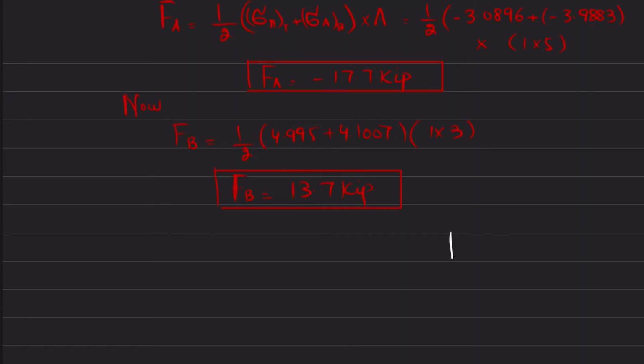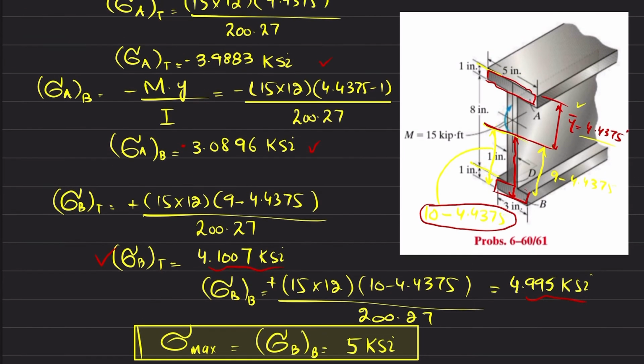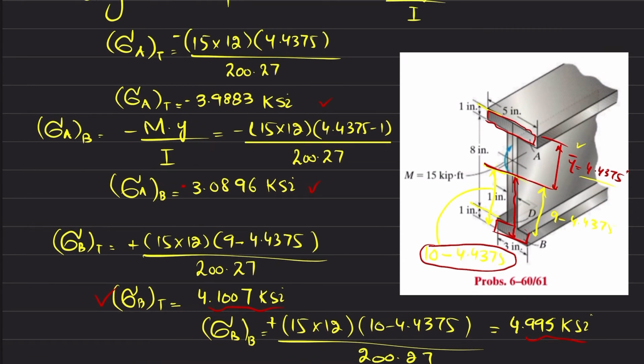Now what if I draw the top flange and bottom flange? If I draw it like a 3D shape, it will be better and you will also understand. So let this be the top flange, and this is the cut portion. At the top of the flange you can see that maximum stress is 3.99, and at bottom 3.08, both are minus.